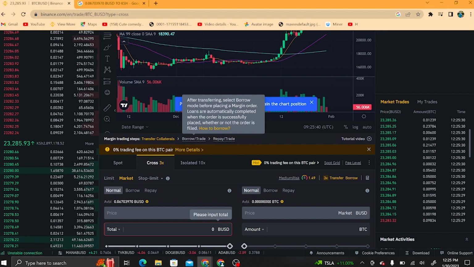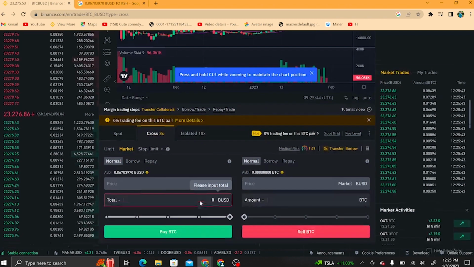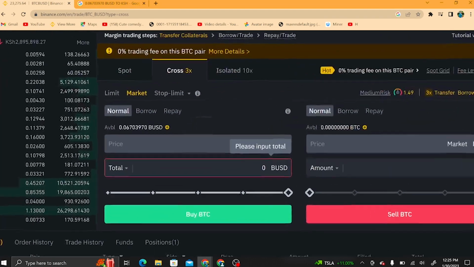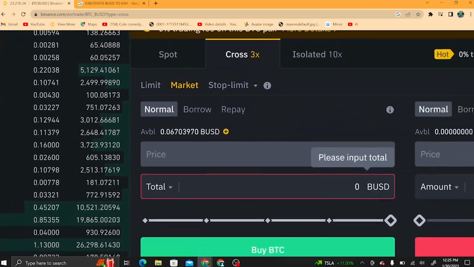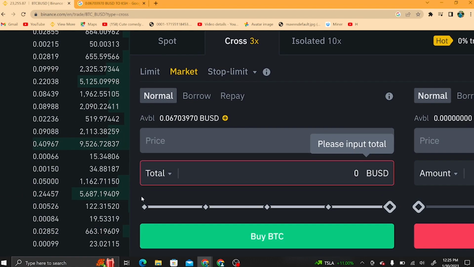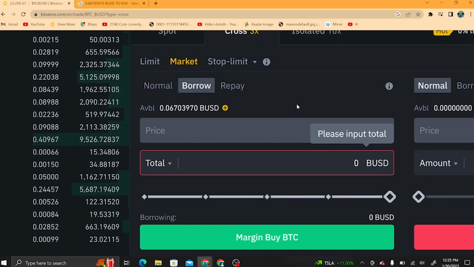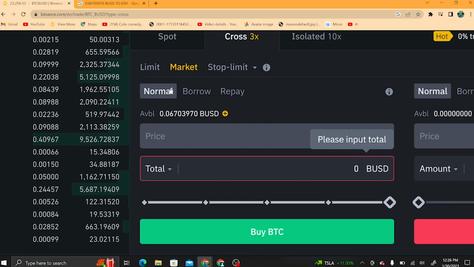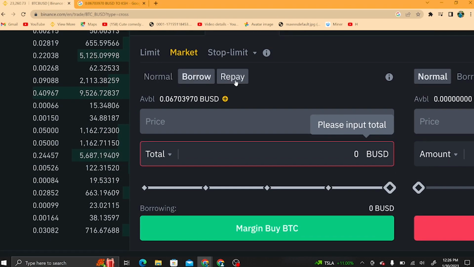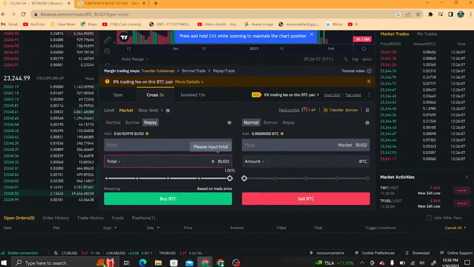When you buy normally, you are using your own money. But when you click borrow, you trade with the borrowed money, and after making profit, you can come here and repay your balance.